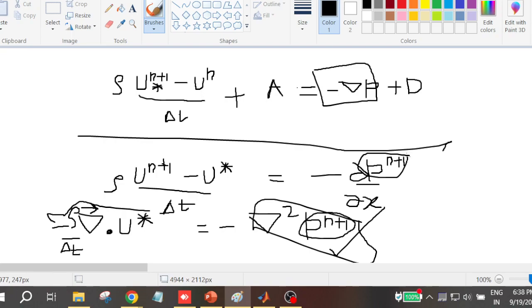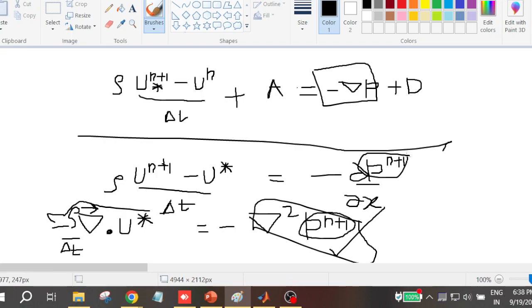Are there any queries with respect to this algorithm? Okay, and can you comment on what type of time stepping we have used here? Can anyone comment on that?